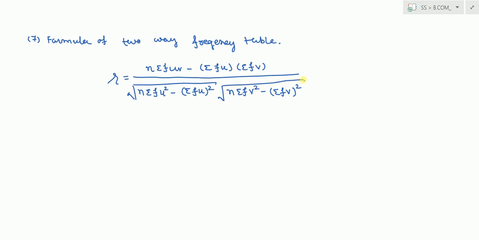Okay, and where F is equals to frequency.